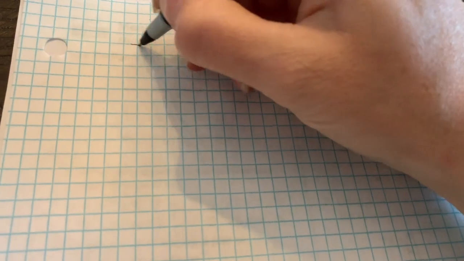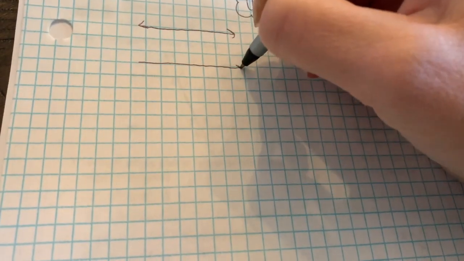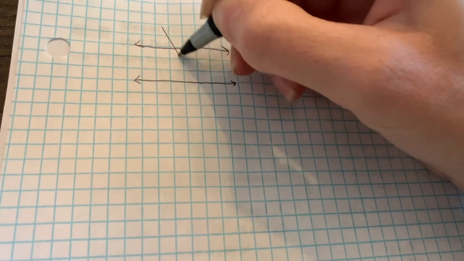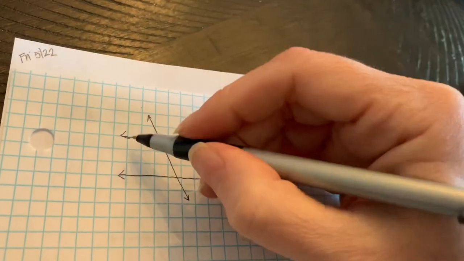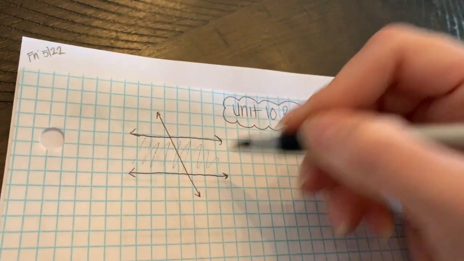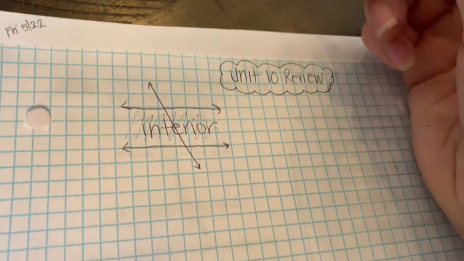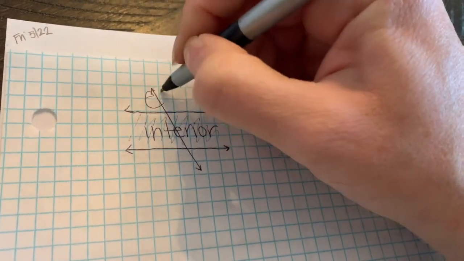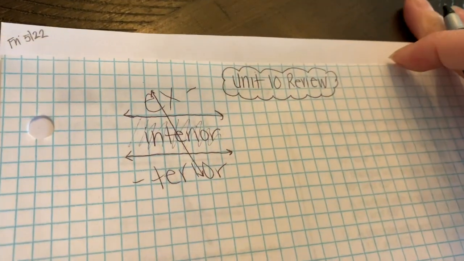If you have 2 parallel lines cut by a transversal, such as this, inside the 2 parallel lines here is what we refer to as anything being interior. Out here and out here are my exteriors.